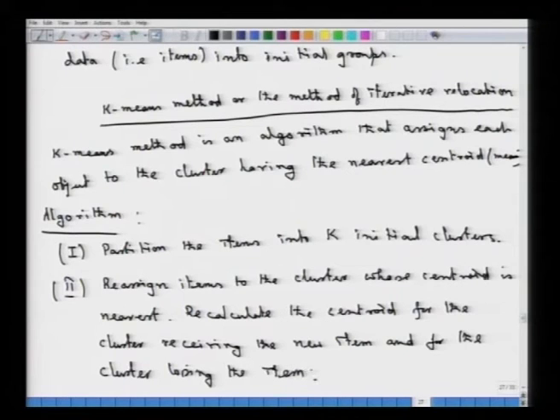So, we look at k initial clusters, and we check whether a particular object is closest to its own initial cluster, or which of the k initial centroids it is closest to.